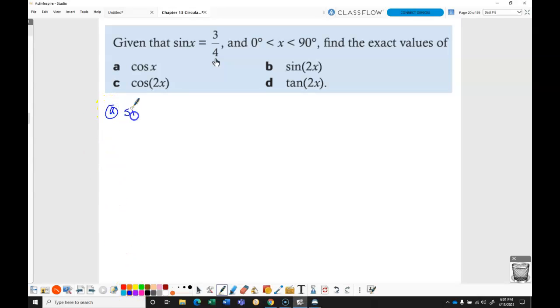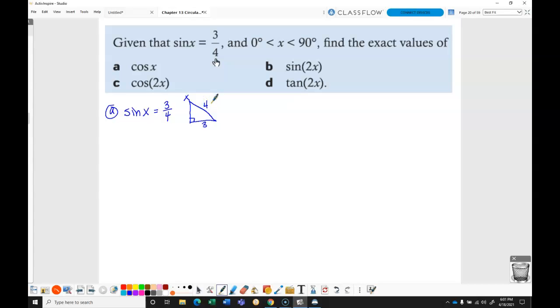So if the sine of x equals 3/4, I remember from right triangle trig that the sine is the opposite over the hypotenuse. So I give myself a nice little right triangle here, and I say, okay, the opposite then must, and we'll call this x up here, the opposite must be 3, and the hypotenuse must be 4.